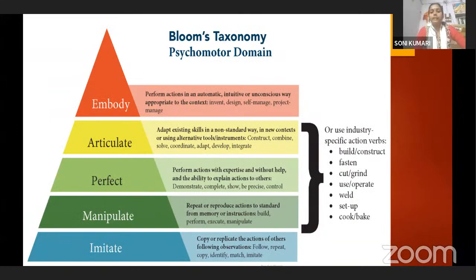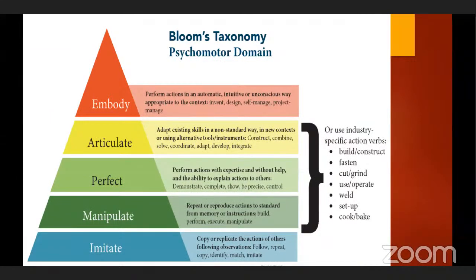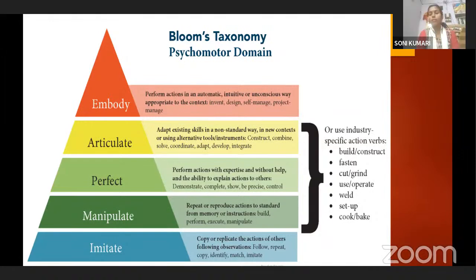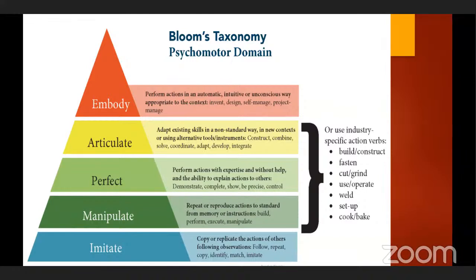This is the hierarchical elements of Bloom's taxonomy psychomotor domain. It is defined from lowest to highest. First of all, imitate. Imitate means copy or replicate the actions of others following observation.